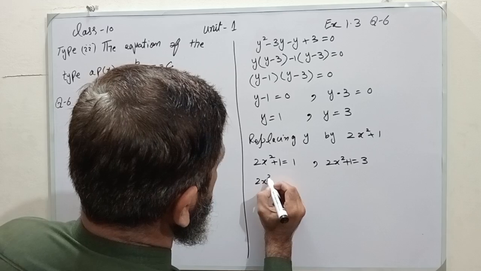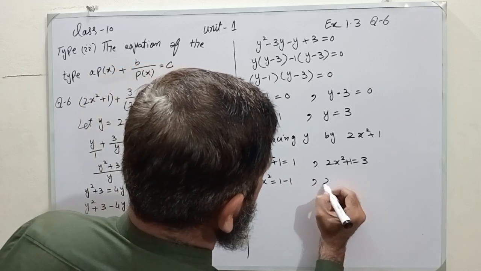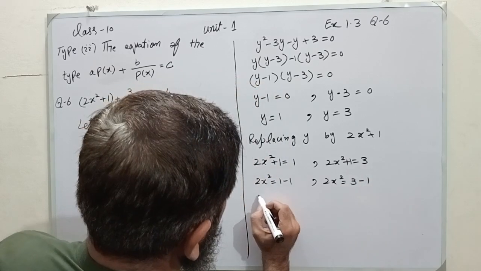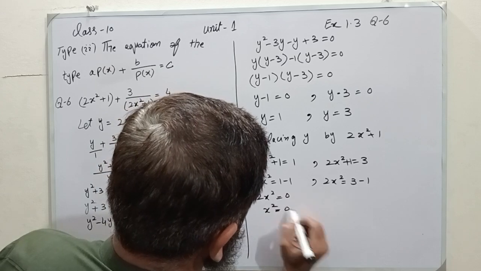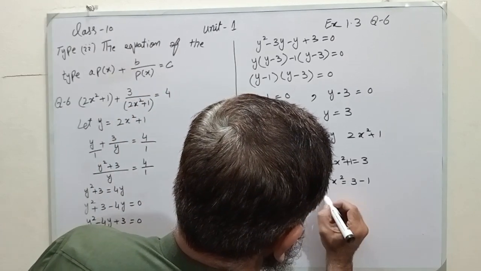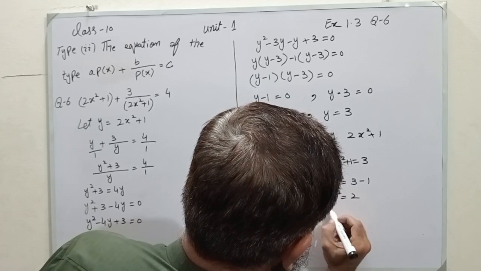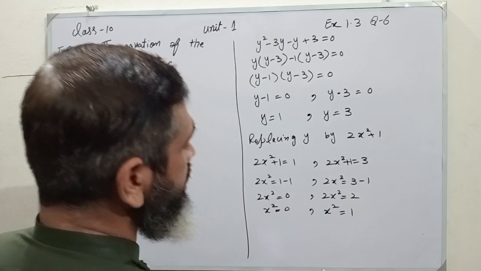Here 2x square is equal to 1 minus 1, and here 2x square is equal to 3 minus 1. So 2x square is equal to 0, x square is equal to 0. Here 2x square is equal to 2 and x square is equal to 1.